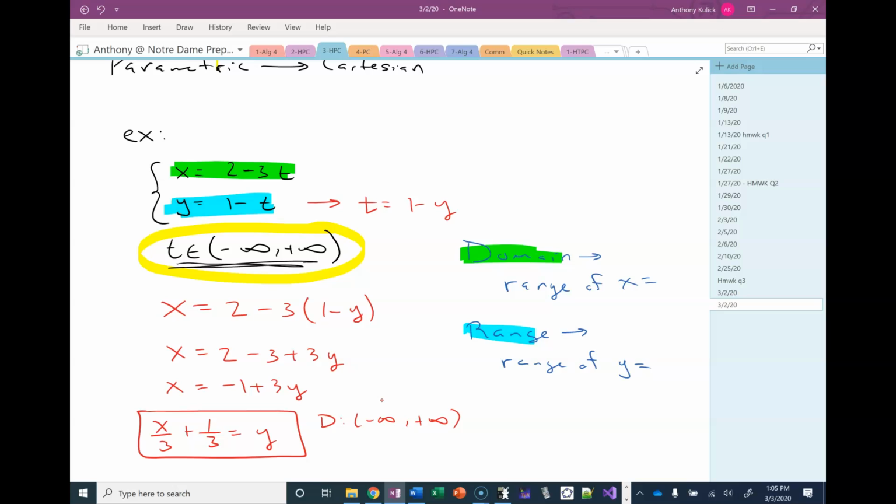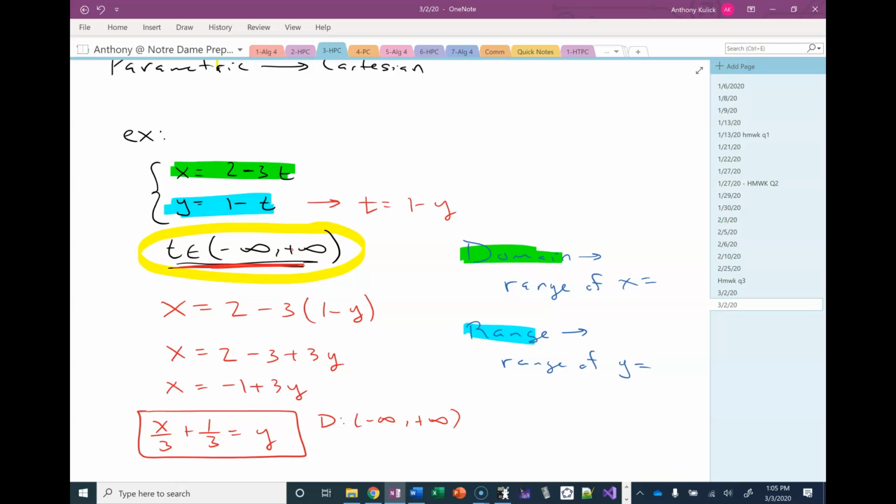Now I'm going to do the same thing looking at the equation y equals 1 minus t. What kind of an equation is y equals 1 minus t? Also linear. The domain of that linear function is still negative infinity to positive infinity. So what would the range then be for that linear function?